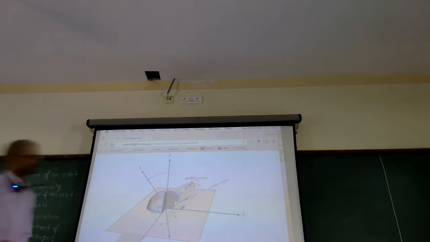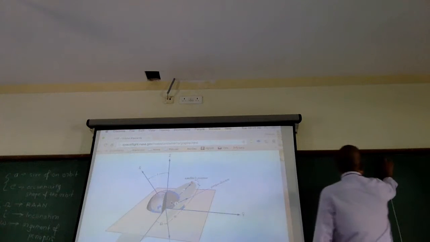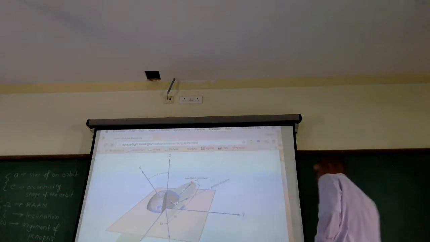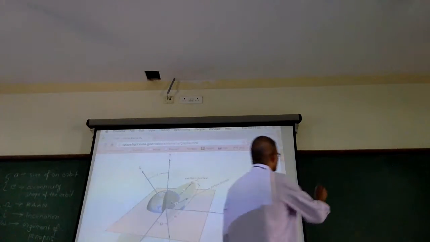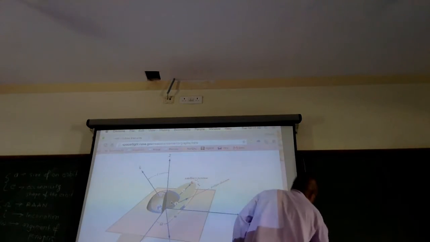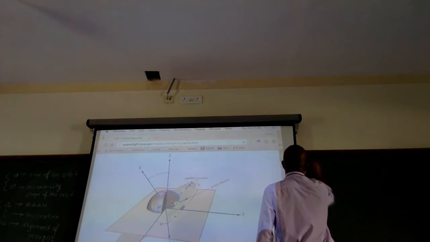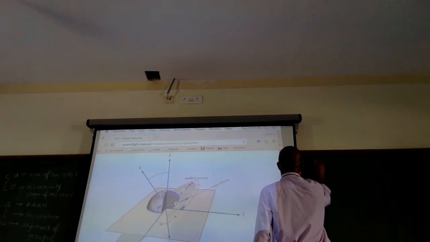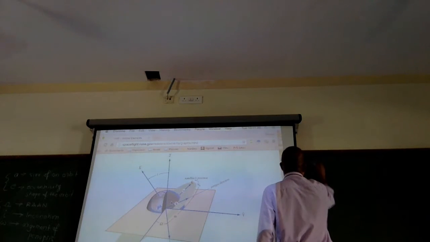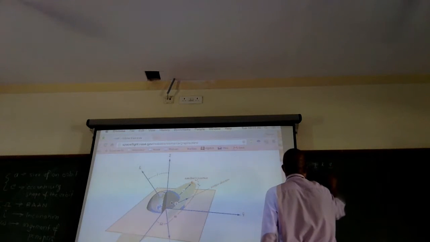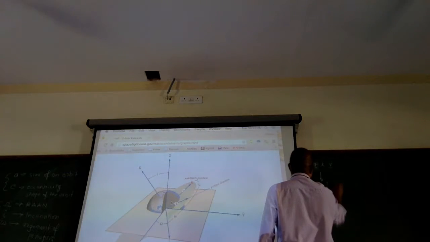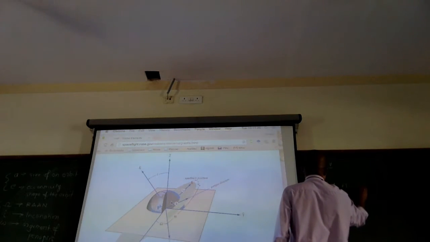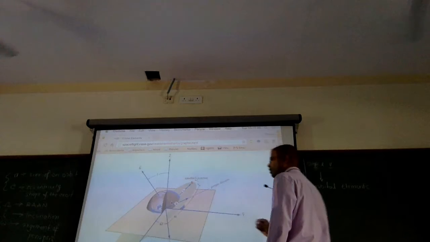Generally, what we do is you calculate or measure r and v, and from this you can compute the orbital elements.